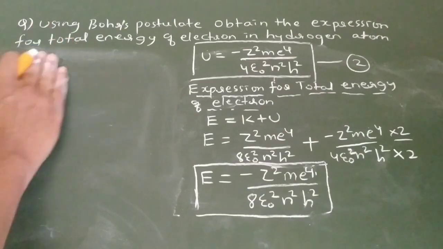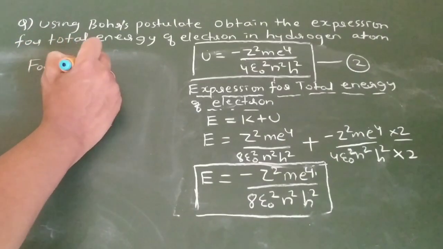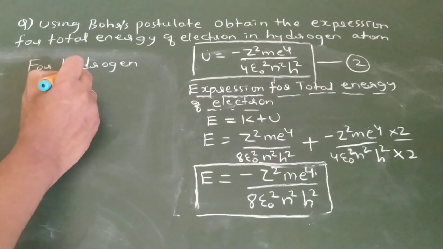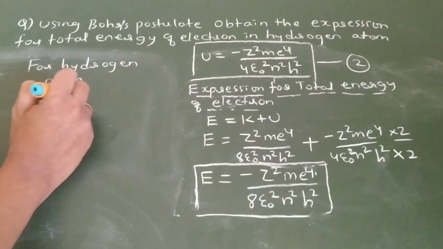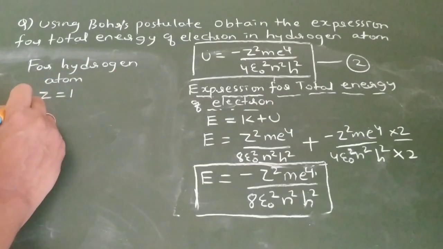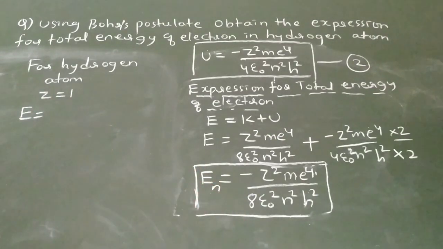For hydrogen atom, Z is equal to 1. So this is the energy of an electron for the nth orbit formula, and for hydrogen atom, Z equals 1.